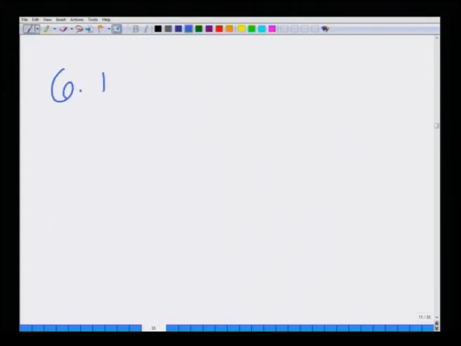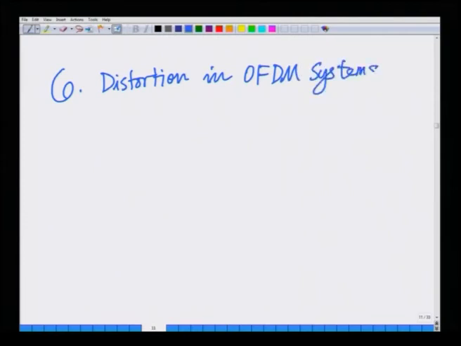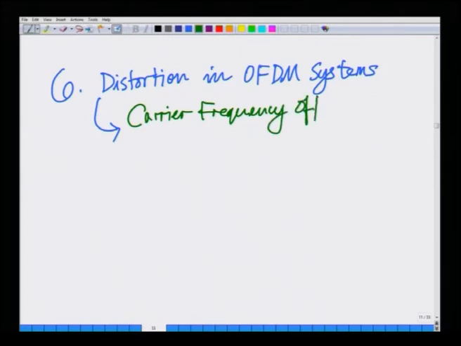We looked at distortion in OFDM systems. Namely, we looked at the problem of carrier frequency offset, or CFO, which arises in OFDM.